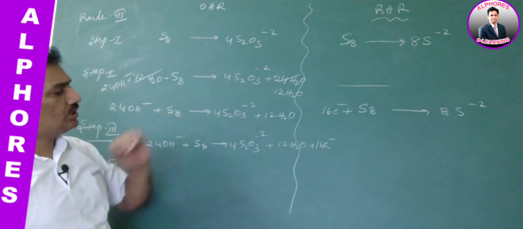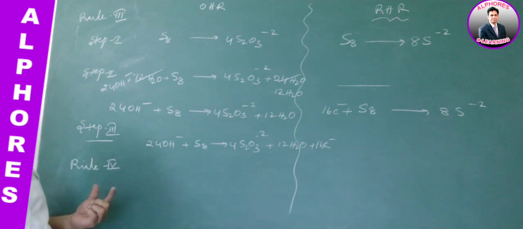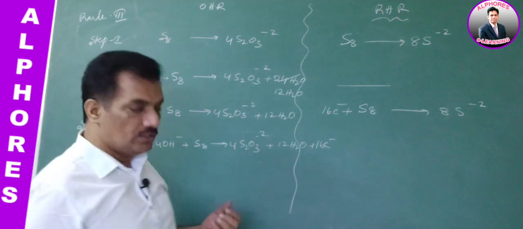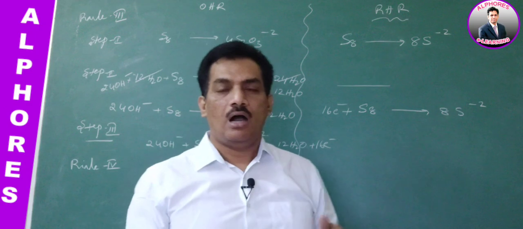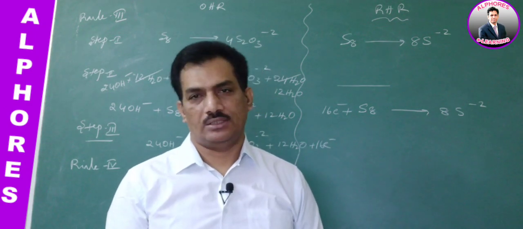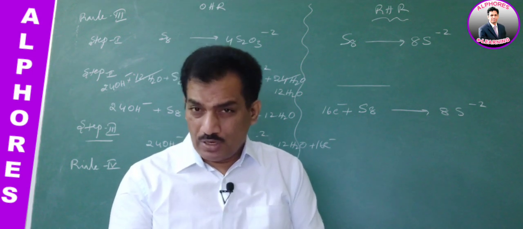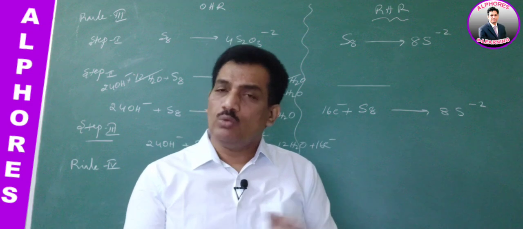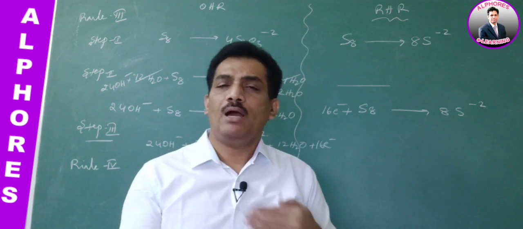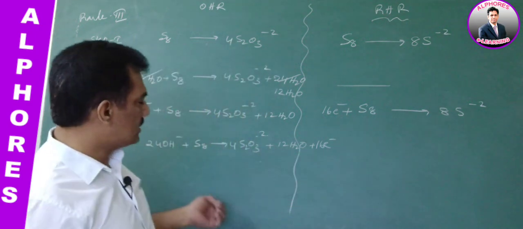After completion of these 3 steps of rule 3, we have to move to rule number 4. What is rule number 4? It asks to balance or equalize the number of electrons present in the two half reactions by multiplying the reaction with a suitable number.